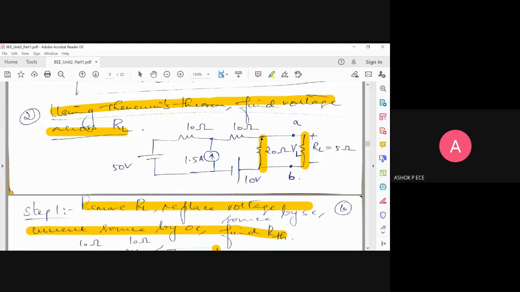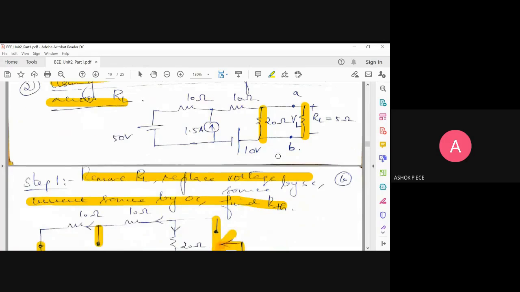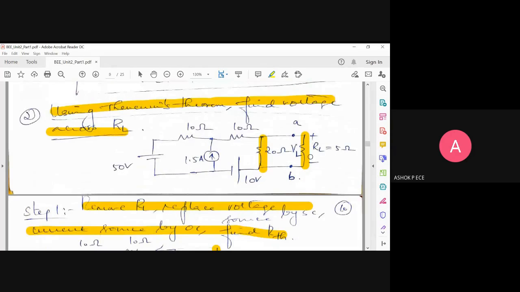So if I find voltage across 20 ohm, that should be my VThevenin. Clear? See the diagram. After finding RTH, you have to find VTH, and VTH is found across the component where you removed the component. So I want to find VTH across A and B. Since 20 and 5 are in parallel, the voltage will be same. So finding VTH across 5 ohms is equivalently finding VTH across 20 ohm.